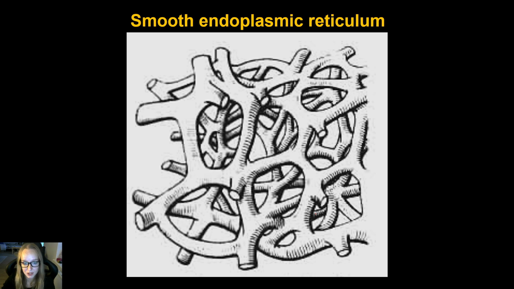Smooth endoplasmic reticulum is made of tubules mostly, and you now know that it is interconnected with rough endoplasmic reticulum, and that there is only one endoplasmic reticulum in the cell. And there are no ribosomes attached to the smooth endoplasmic reticulum, or maybe just a few of them. That's pretty normal.